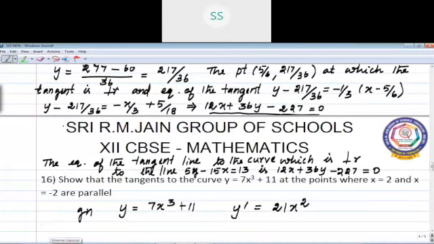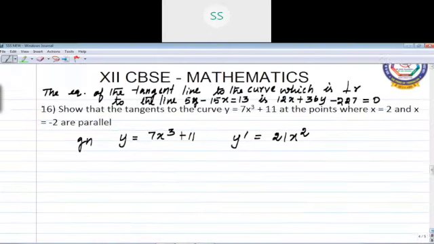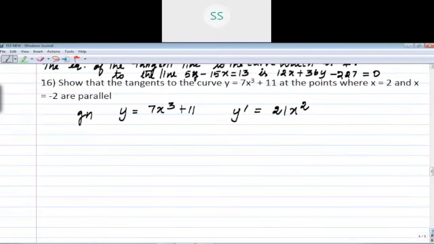Slope of the tangent, it is given to you. x is equal to 2 and x is equal to minus 2 is given. That point you are going to substitute in the derivative, right, children? The point is given.